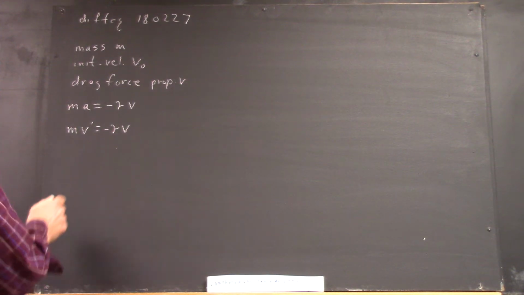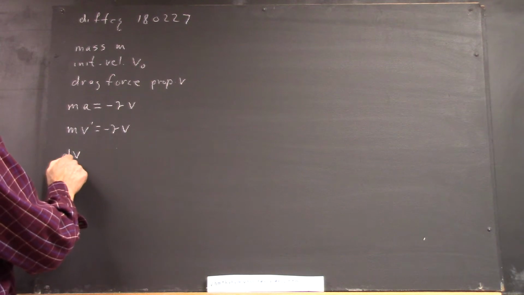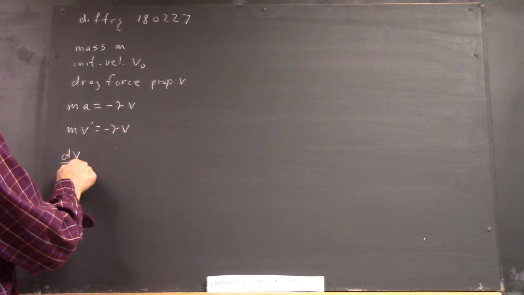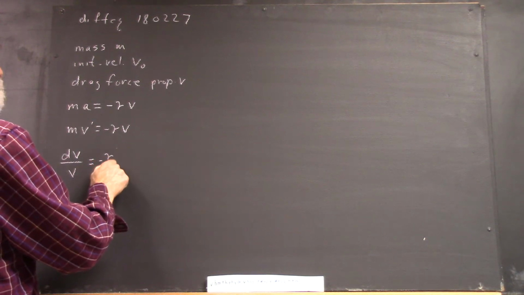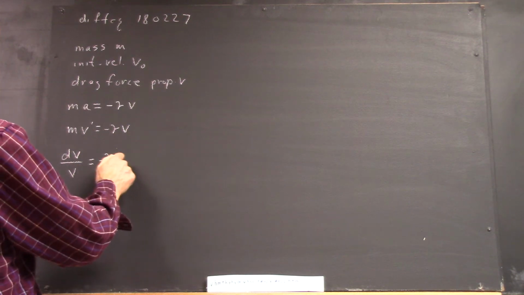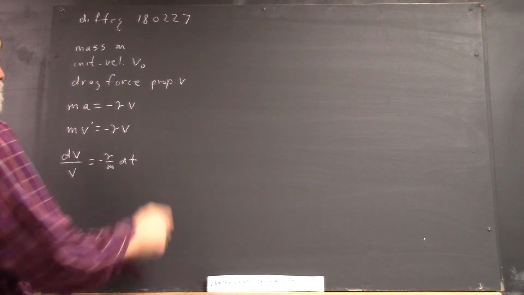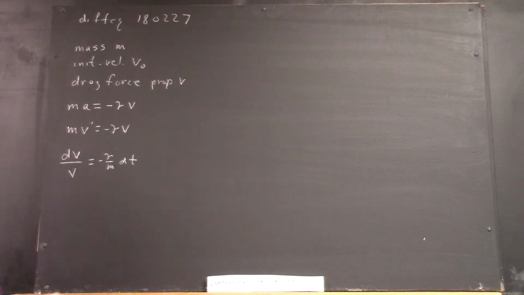So we find our solution by writing this as dv over v equals negative gamma over m dt, and I'm skipping a step here, but we're very used to that step and we've seen it many times.